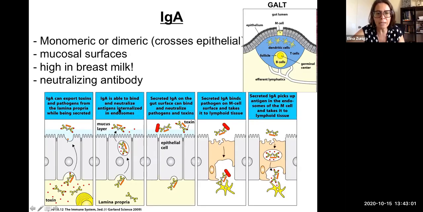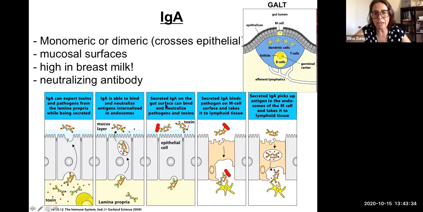It can also bind and neutralize antigens in the lumen and internalize them in the epithelial cells or the M cells, for degradation in the epithelial cells, or for presentation by the dendritic cells in the gut-associated lymphoid tissues, and subsequent activation of T cells.